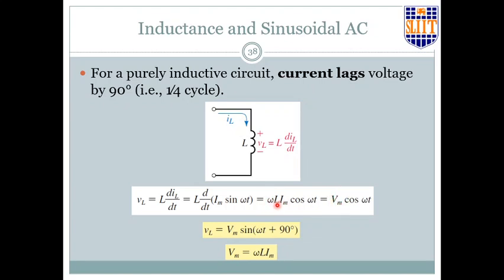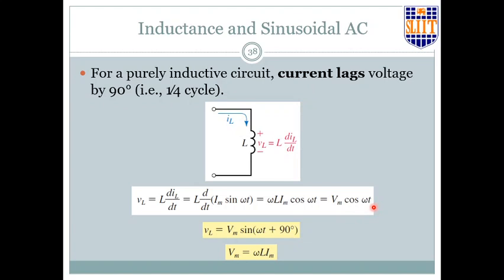Omega is a constant, L is a constant, Im is a constant. Im is the amplitude. Amplitude doesn't change from time to time, right? In a very special case it may, but in the usual cases that we are talking about, Im is a constant. So we can define this product to be equal to Vm.